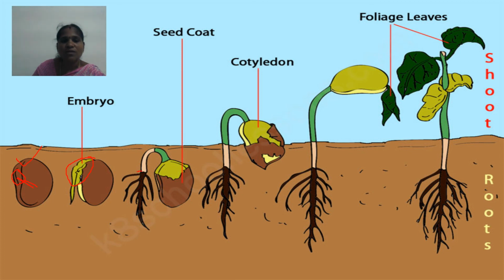The root will form from this embryo, and the shoot part will start to grow upwards. See how it is growing, increasing in size. In the shoot part it forms the foliage leaves. Two leaves will be formed, and these leaves will start preparing food for the plant. So from a small seed it will grow into a plant. This process we call germination.